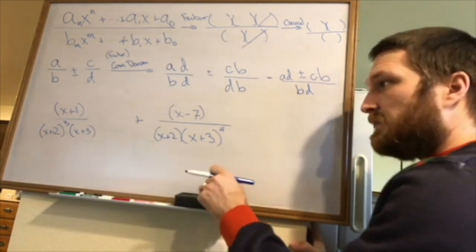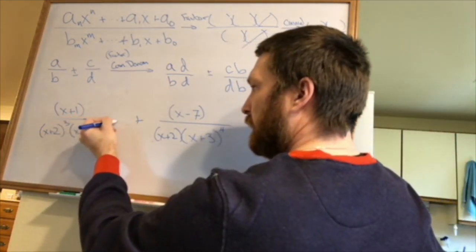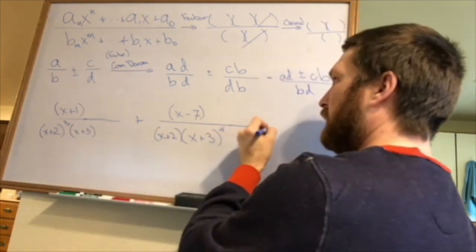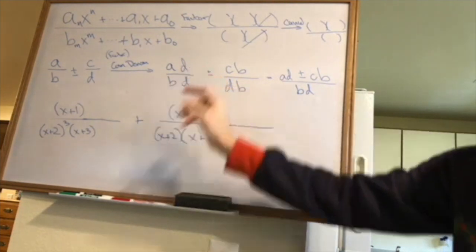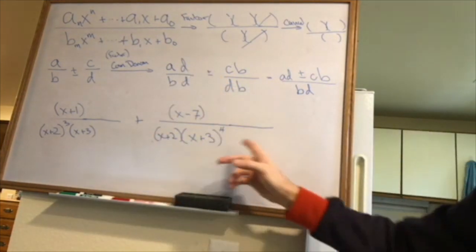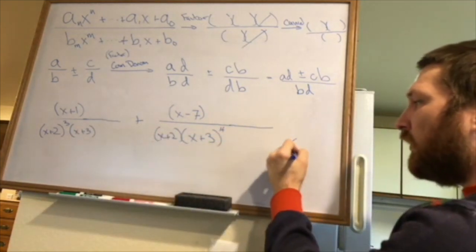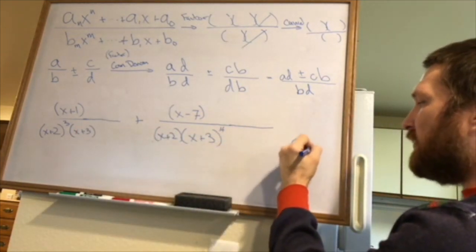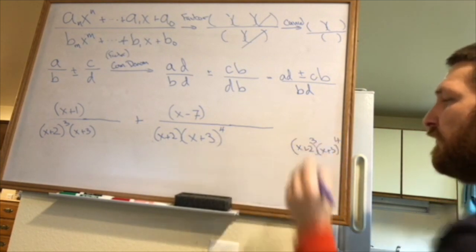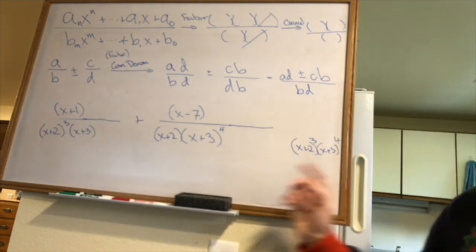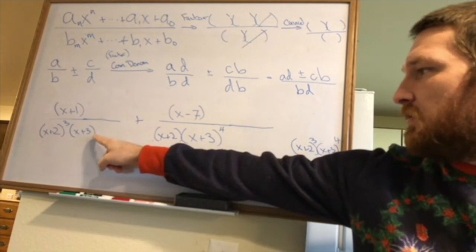And so same thing I'm doing here: what do I need to multiply on the top and the bottom to give me a common denominator? I'm going to need a total of x plus 2 to the third. And here I'm going to need an x plus 3 to the fourth. That should do it. And so how many more x plus 3s do I need over here?